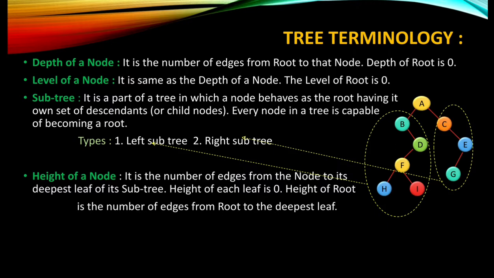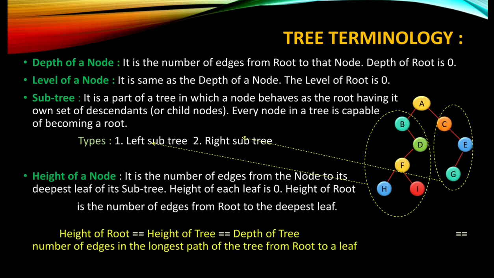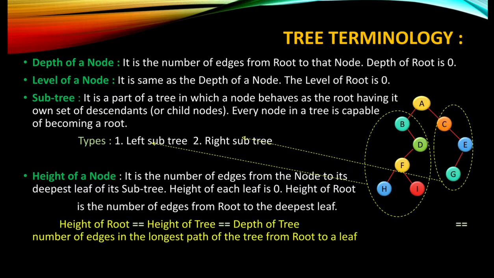I'm going to explain height, depth and level in my next slides. But one thing you have to keep in mind, height of root, height of tree, depth of tree, all are equal to the number of edges in the longest path of a tree from root to leaf. And what about the longest path?